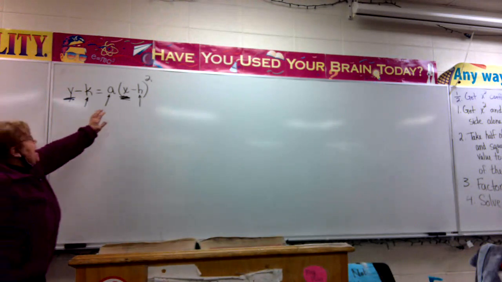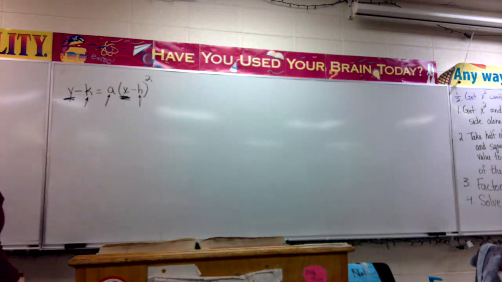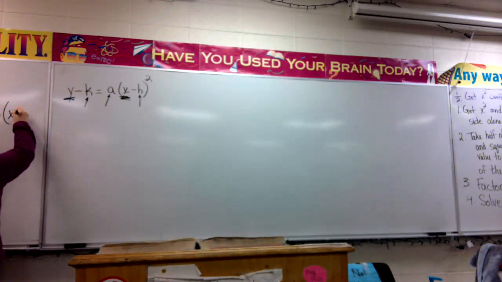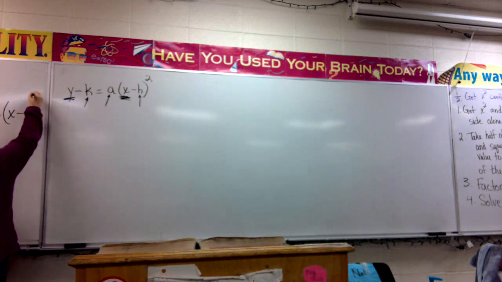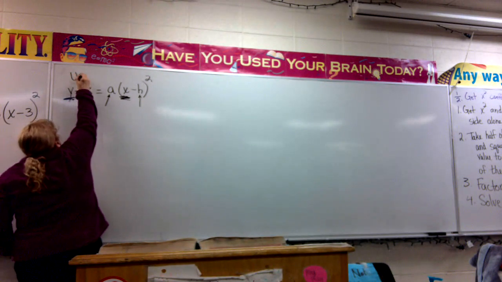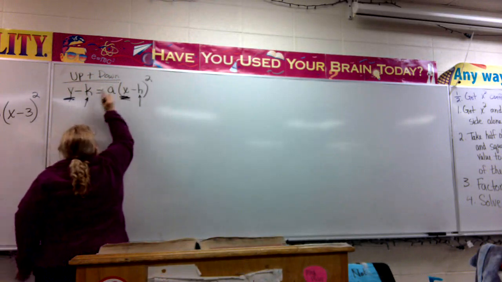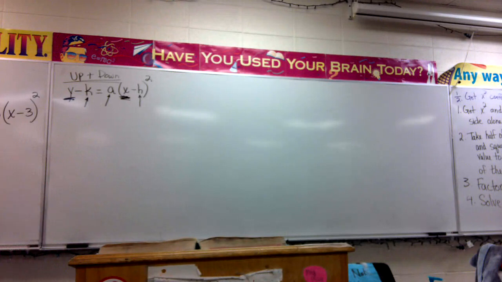It will always have the x stuff squared. A parabola is going to look like a U. And for now, we're going to have a parabola that opens up or down.